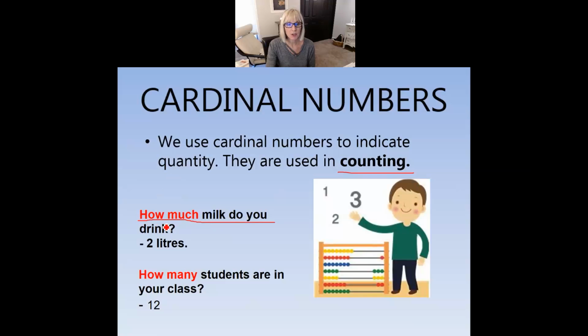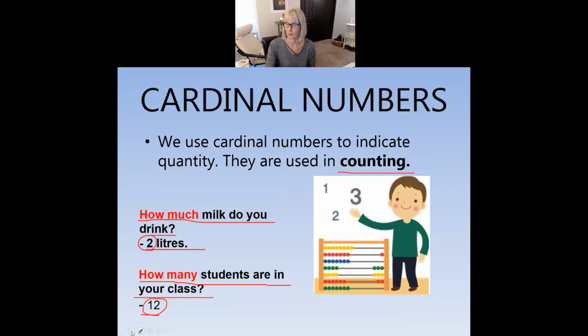How much milk do you drink? 2 liters. This is my cardinal number 2. How many students are in your class? Oh, 12. There are 12 students in my class. If I can count it, I use a cardinal number. These are our easy numbers.